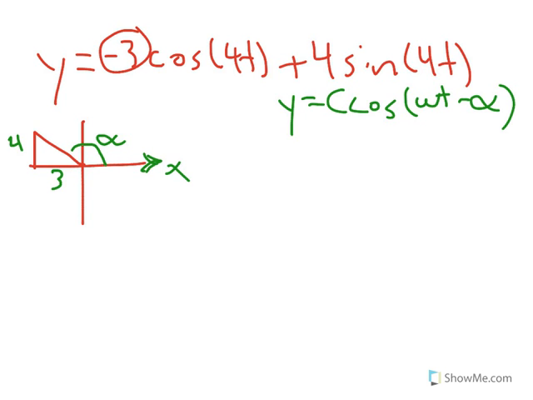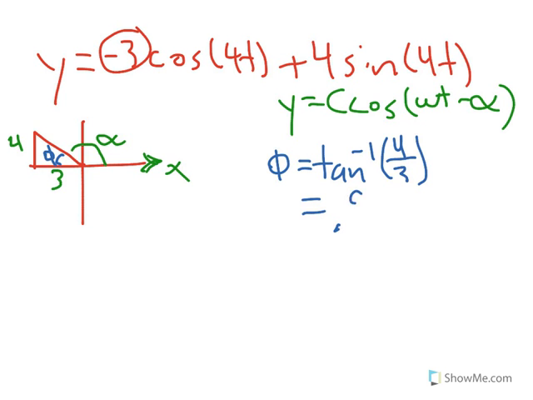To make things more simple, we can define this angle of the triangle as, say, phi. So phi is, of course, inverse tangent of 4 over 3, which we calculated in the last example, which equals 0.9273.